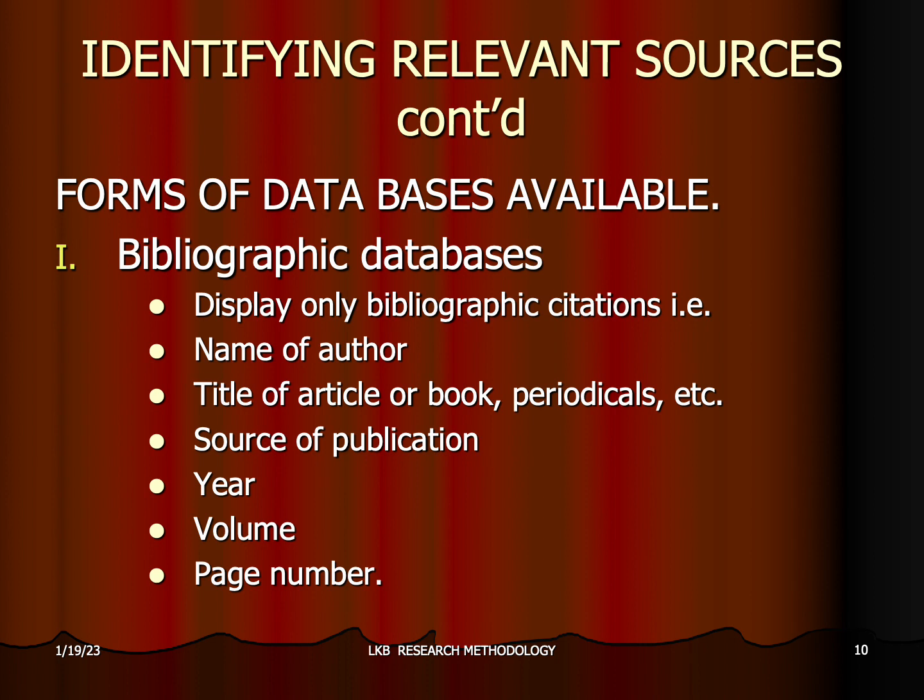That list of citations and references is usually called a bibliographic database, and it has details presented. More often than not, you find the name of the author, the title of the article, the book or periodical which was referred to, the source of that publication, the year it was done, the volume, and the page numbers.